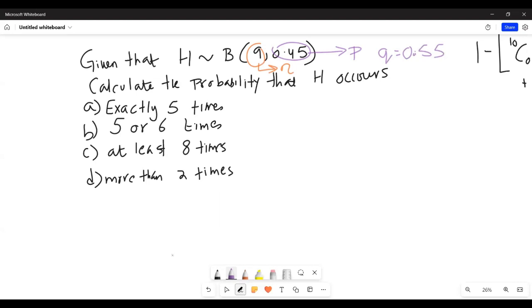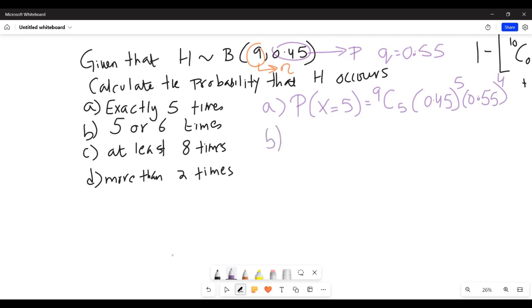So in part A, formula would be probability X equals 5, so equals nCr, probability of success power 5, probability of failure power 9 minus 5, n minus r, which is 4. You'll calculate this in the calculator, write down the answer.